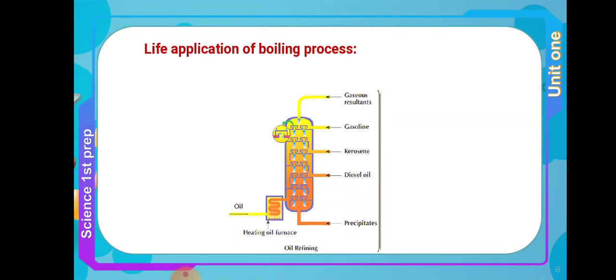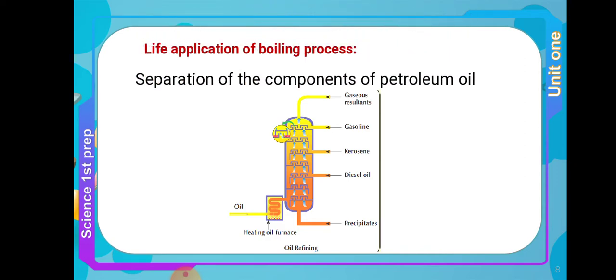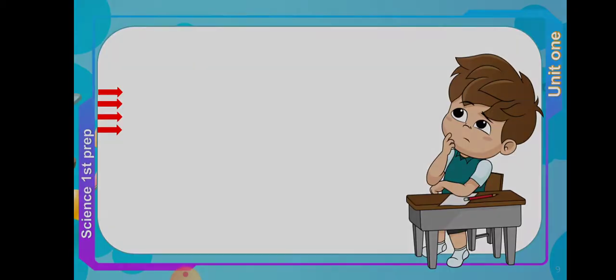How can we use boiling point in life applications? A life application of the boiling process is the separation of the components of petroleum oil, because the components of petroleum oil are different in their boiling points.